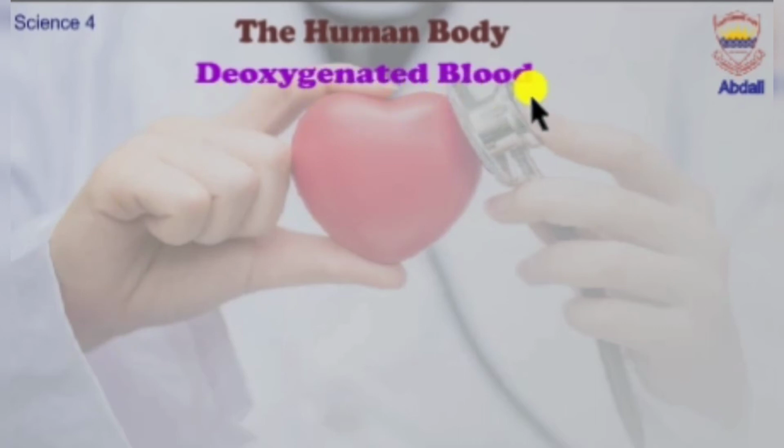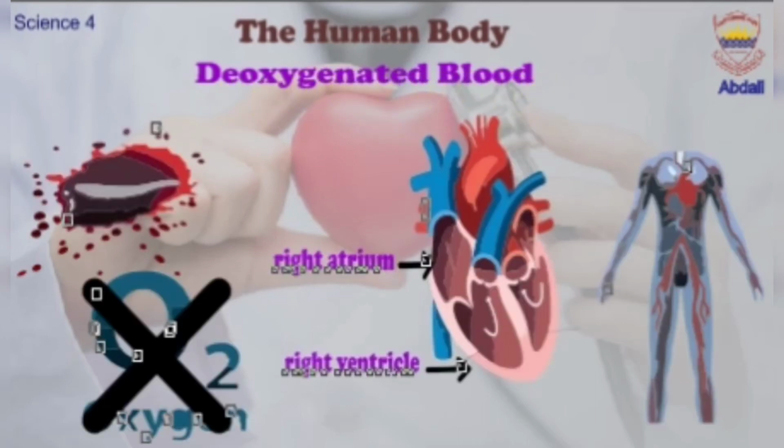Deoxygenated blood. Let's learn about deoxygenated blood. Blood without oxygen flows from the right atrium into the right ventricle and then to the lungs, where it receives oxygen.